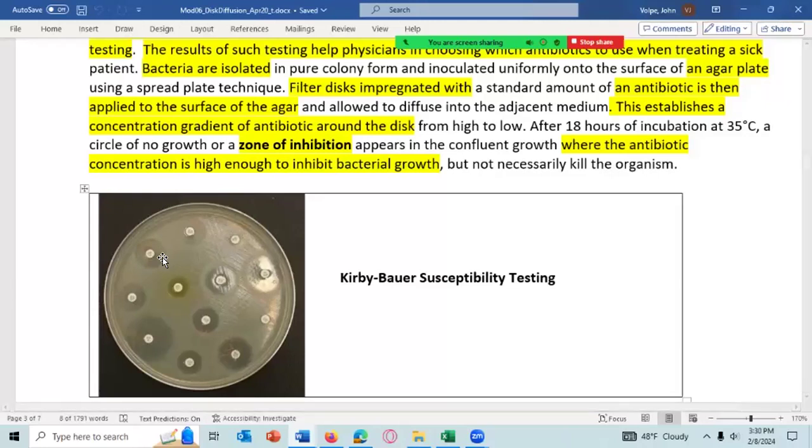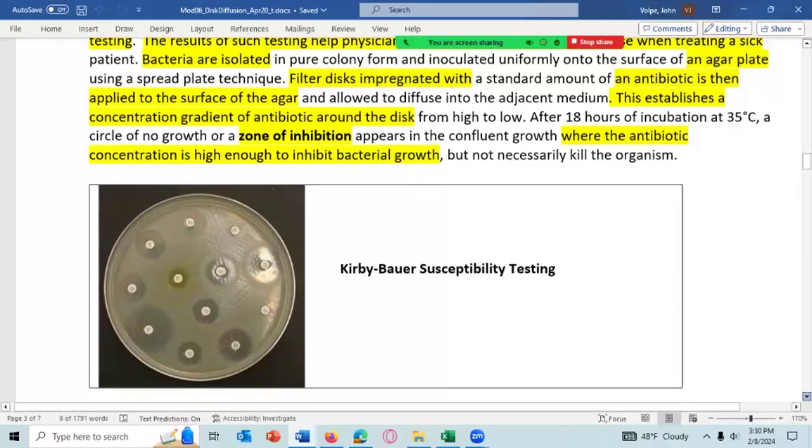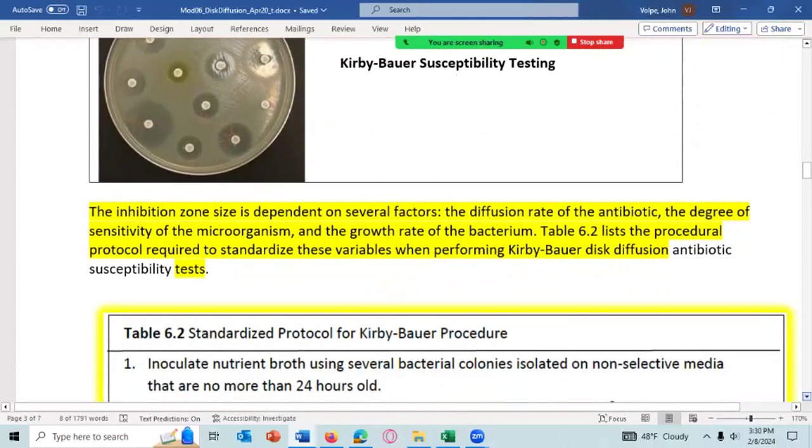So there will be a concentration gradient around the disc, and the zone of inhibition is where the antibiotic concentration is high enough to inhibit the bacterial growth or kill the organism, one or the other. Or maybe both. The inhibition zone size is dependent on several factors.